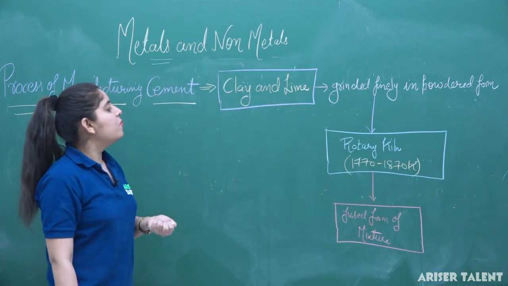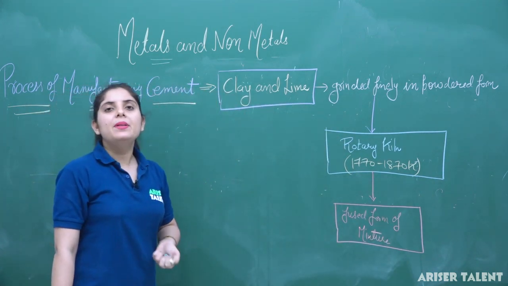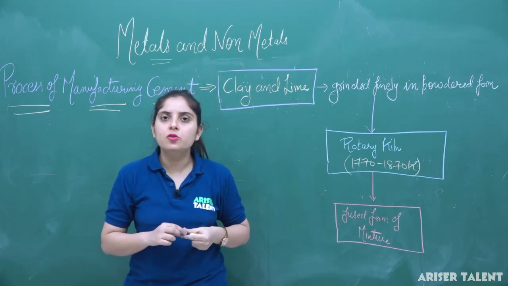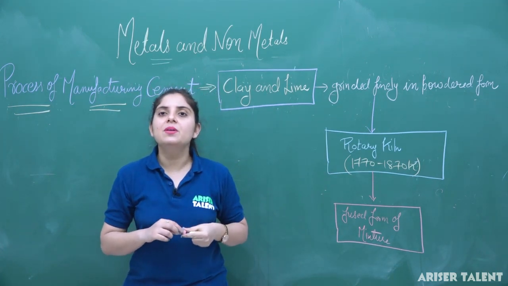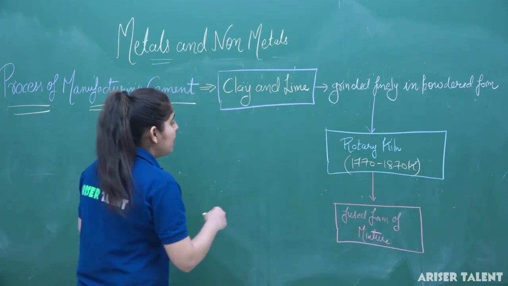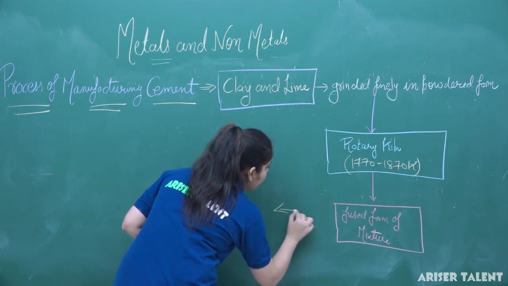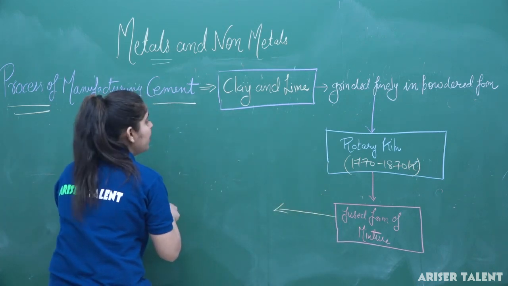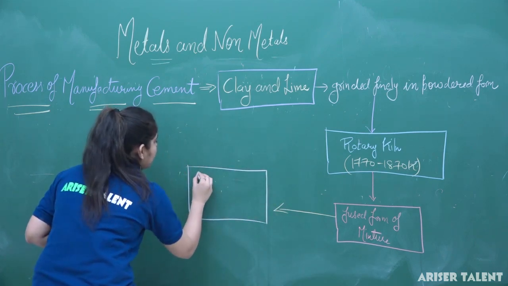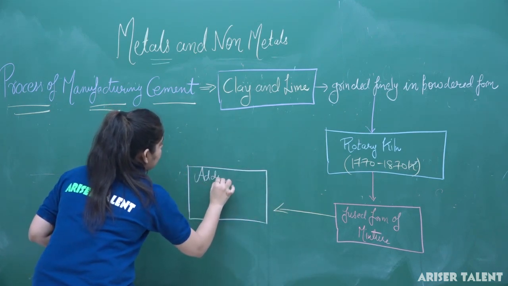After this fused form of the mixture is obtained, what happens next? We will add 1 to 2% of gypsum to this mixture. Why are we adding gypsum? To control the setting properties of the cement.